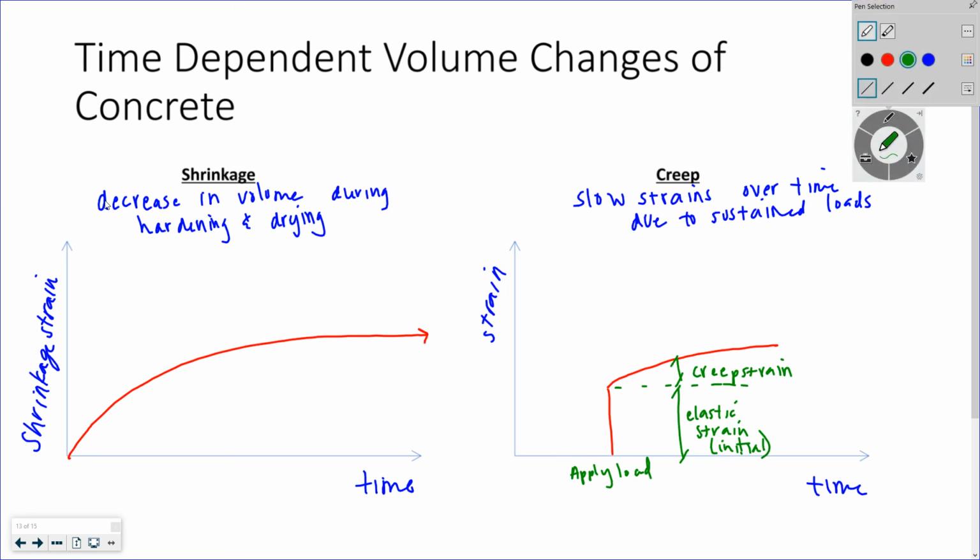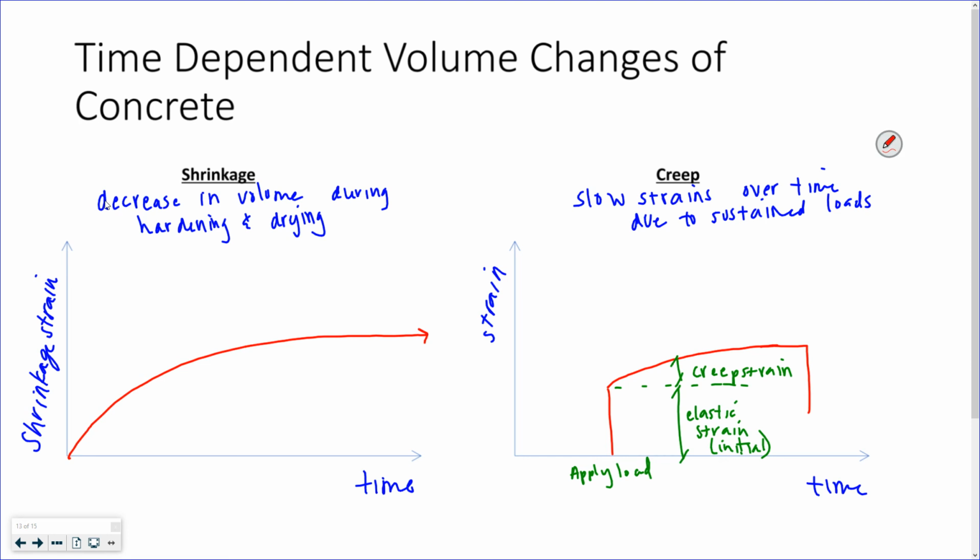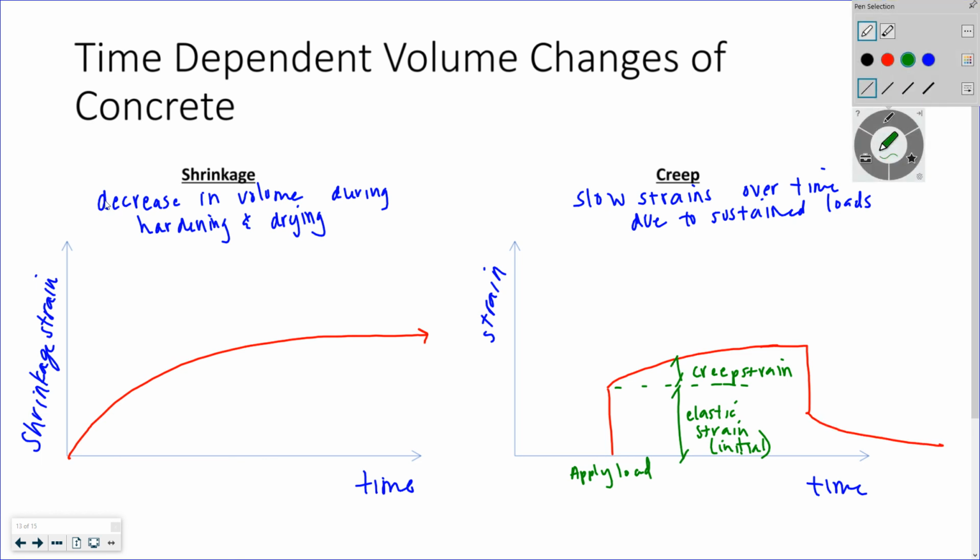Then let's say we remove our load. We're going along, we remove our load. We recover that elastic strain. And slowly, we might also recover some of that creep strain, but maybe not all of it. This is our elastic recovery.